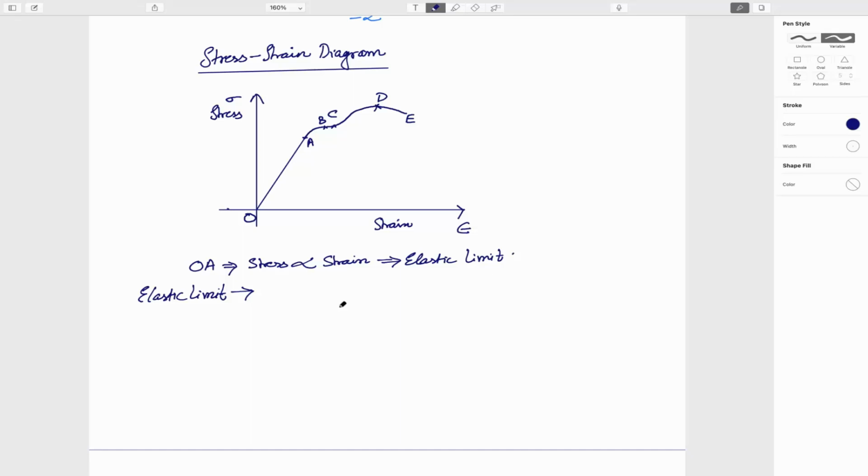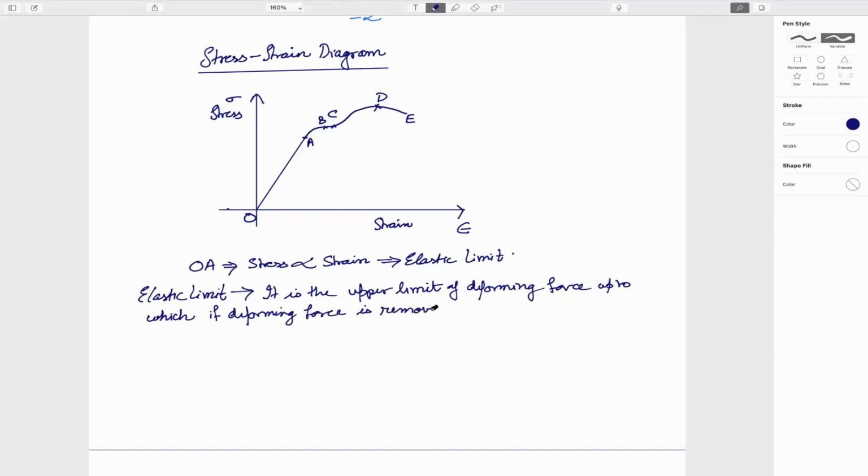So what is elastic limit actually? Elastic limit is the upper limit of deforming force up to which, if the deforming force is removed, the body regains its original form completely.